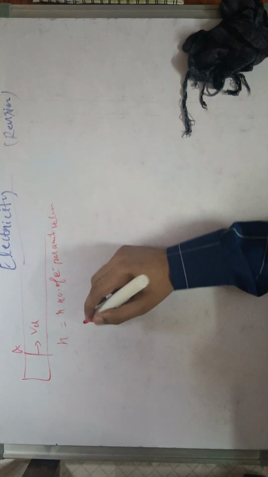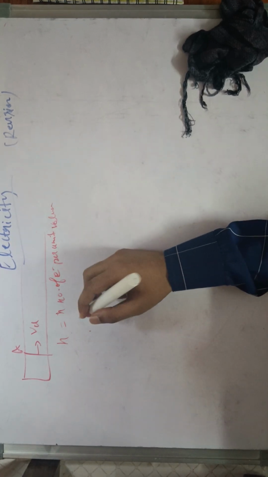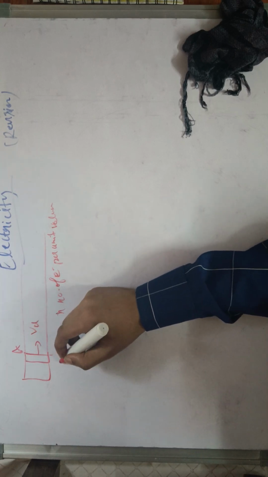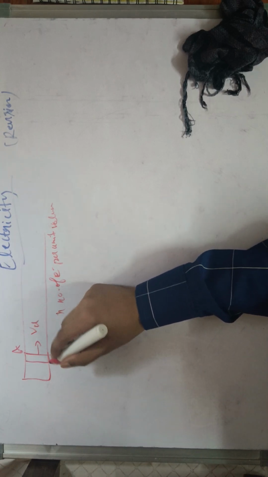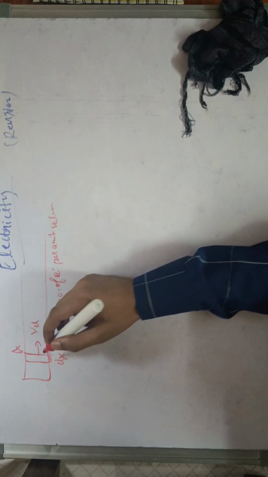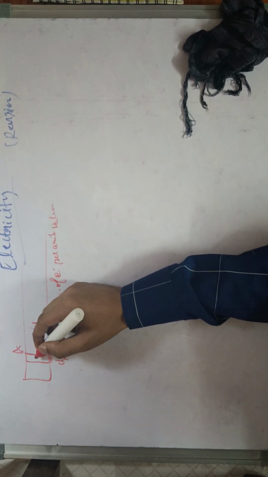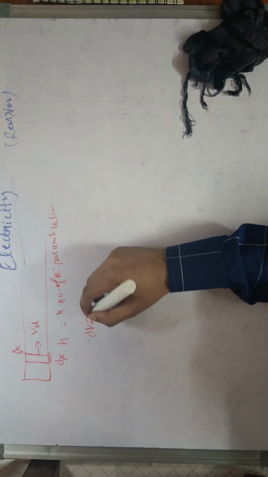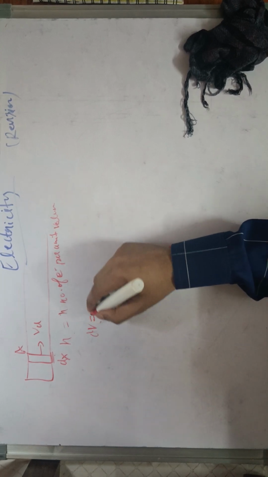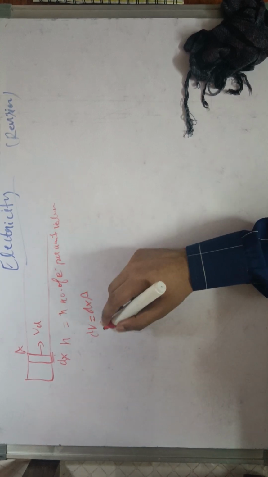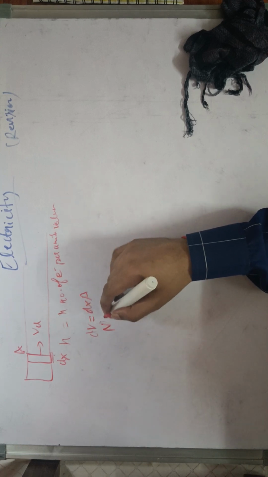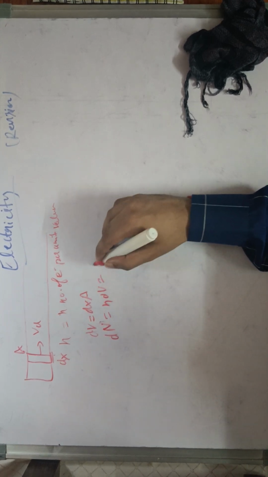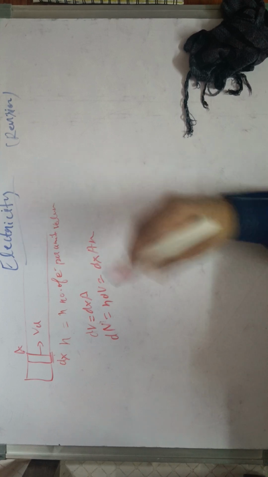So we will find the total number of electrons in a small section. Let's say this is dx length, and this is the area of cross section A. Then the volume of this small part is dV, and dV is equal to dx into A, and the number of electrons in this is dN is equal to n into dV, which is equal to dx into A into n.